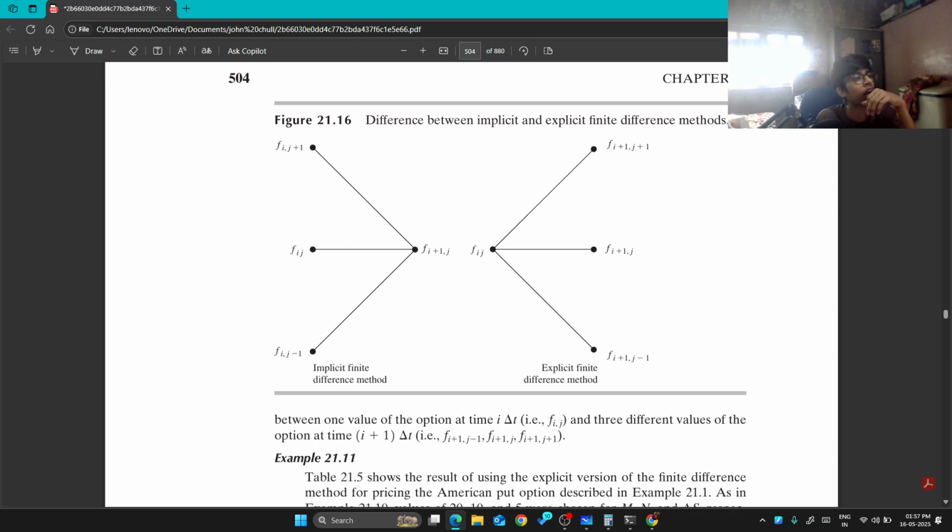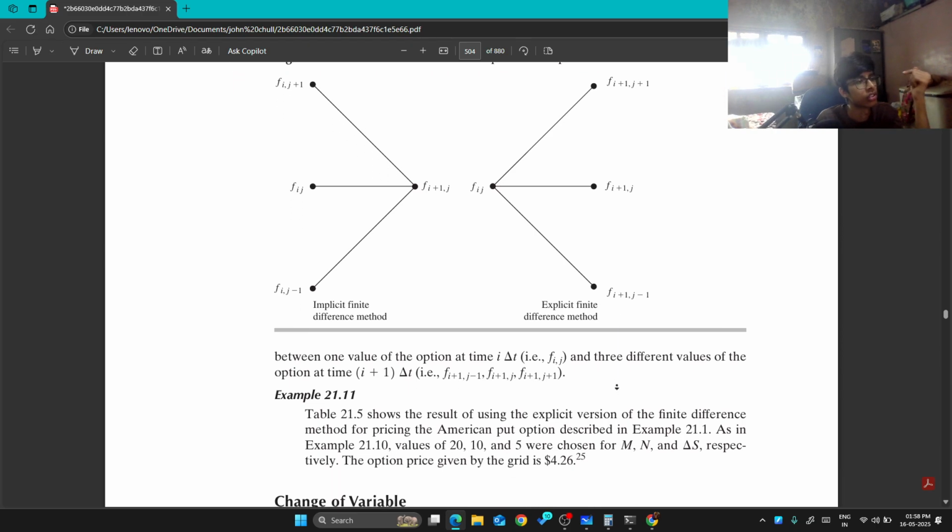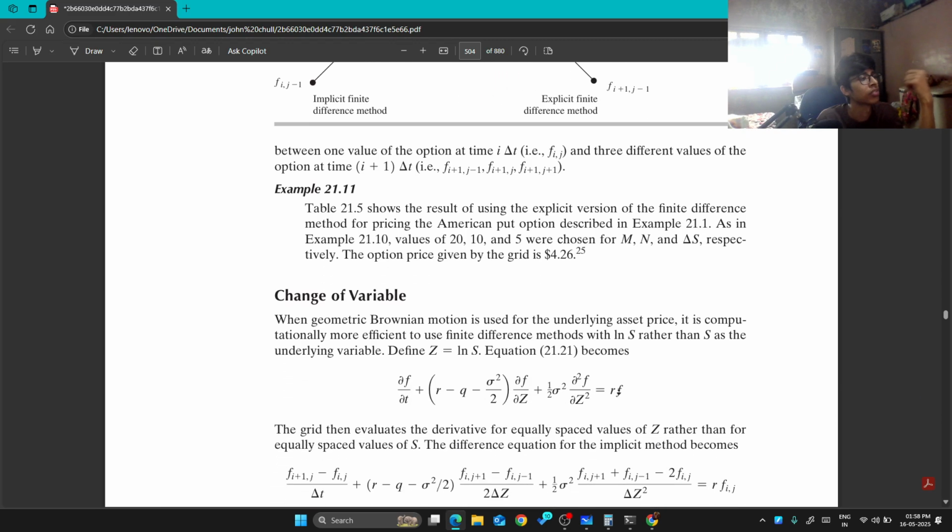See, f i plus 1, j is the value we have to find, and we use f i j plus 1, f i j, and f i j minus 1. And for explicit, f i plus 1, j plus 1, f i plus 1, j, and f i plus 1, j minus 1, and change in variable.